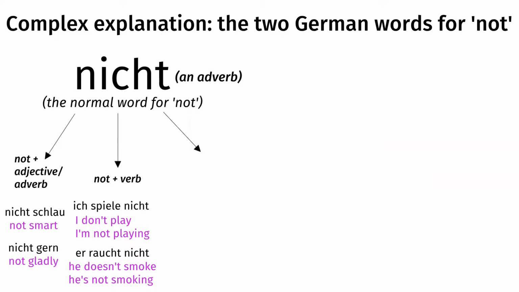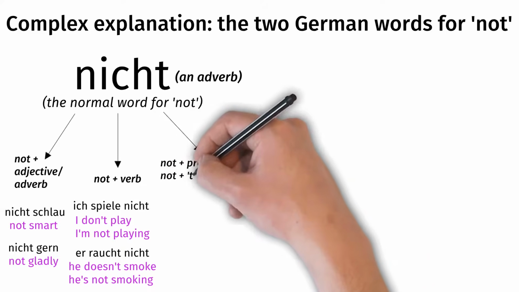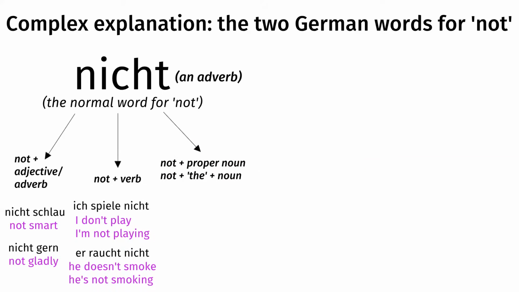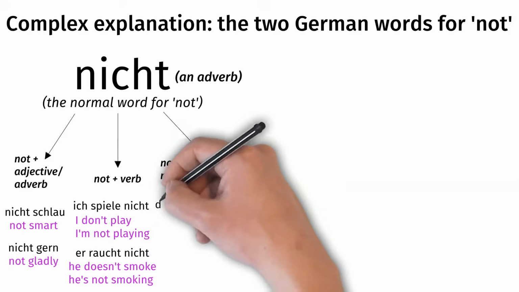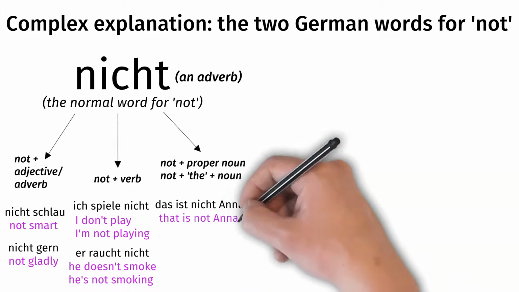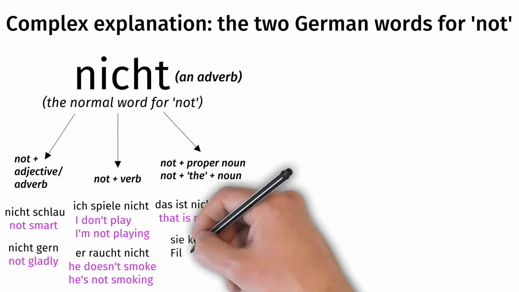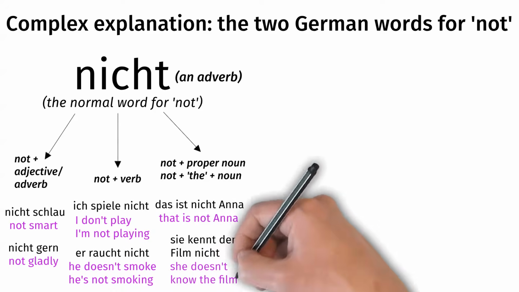Or when you want to say not plus a proper noun, or not plus the plus a noun. For example, das ist nicht Anna, that is not Anna. Or not plus the plus a noun, like sie kennt den Film nicht, she doesn't know the film.